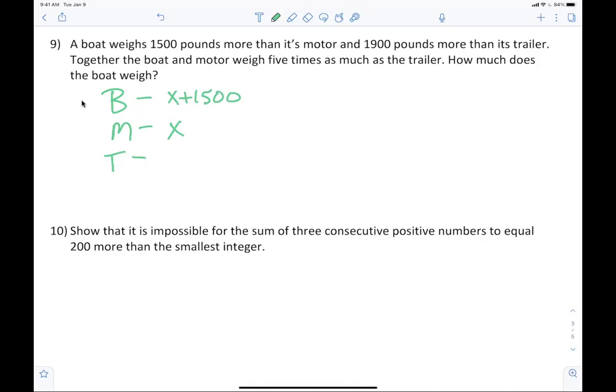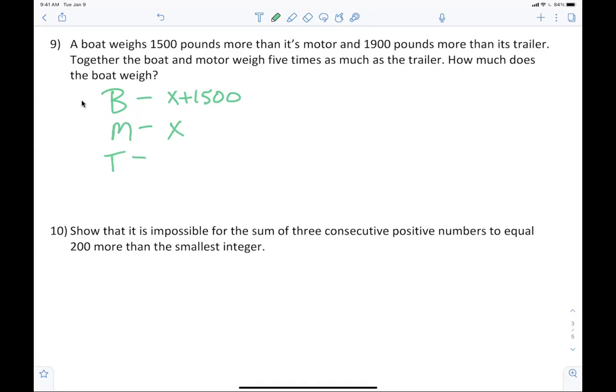The boat weighs 1,500 more than its motor and 1,900 pounds more than the trailer. So I want someone to tell me what the trailer weighs. Tell me. X minus 1,900. So what you're telling me is that the trailer weighs 1,900 pounds less than the motor.